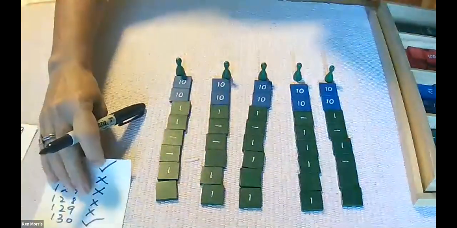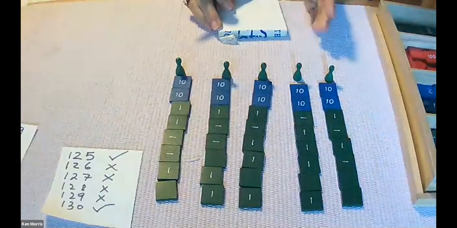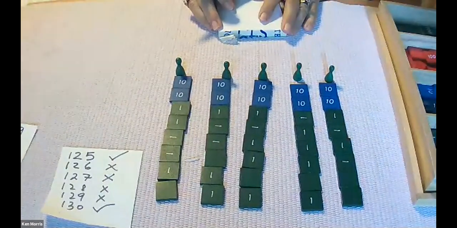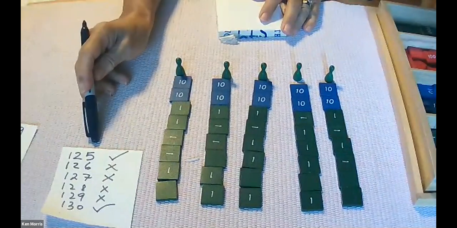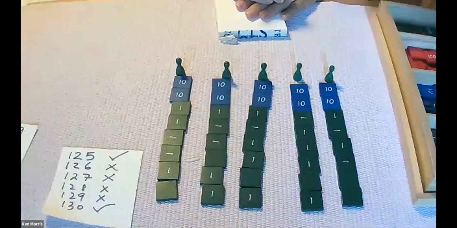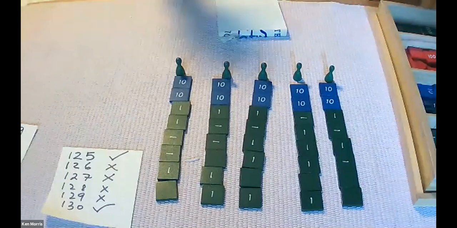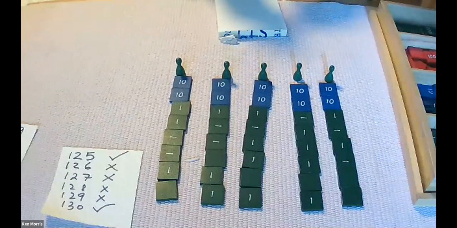Tell me, what do you think the rule is? You're right. The rule is that only numbers that end in 5 or 0 will be divisible by 5. And this just pops out at them, and it's amazing how easily they come to the rule.